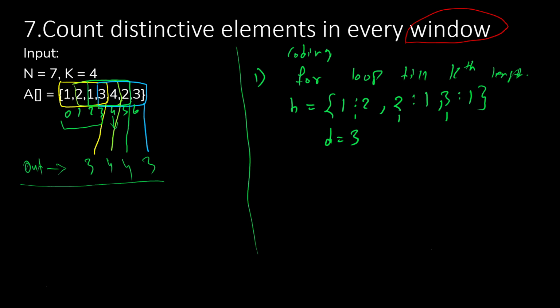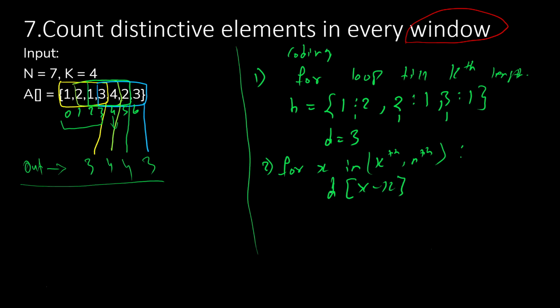Now coming to the second step, which will be similar to the first one. The only difference is it will start from kth length, and we write for x in range kth length to n. In the second window we have 2, 1, 3, 4. Now we check the starting value by taking the kth value and comparing it with h of x minus k.